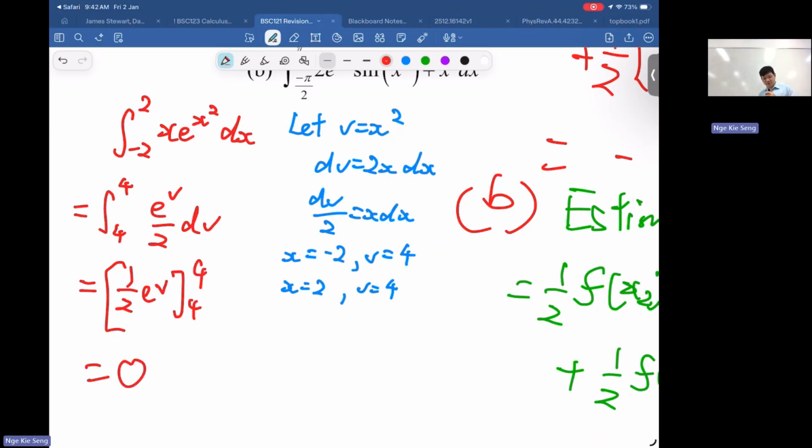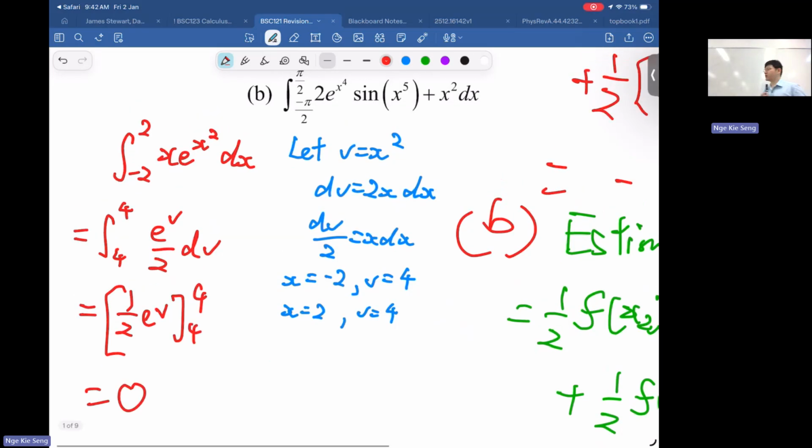There are a few ways to see this is 0. Whenever you are integrating along just a point, you always get 0. You can imagine that the line is too thin and there's no area for the line. The second way is like how Vincent says: x times e to the x squared is odd.